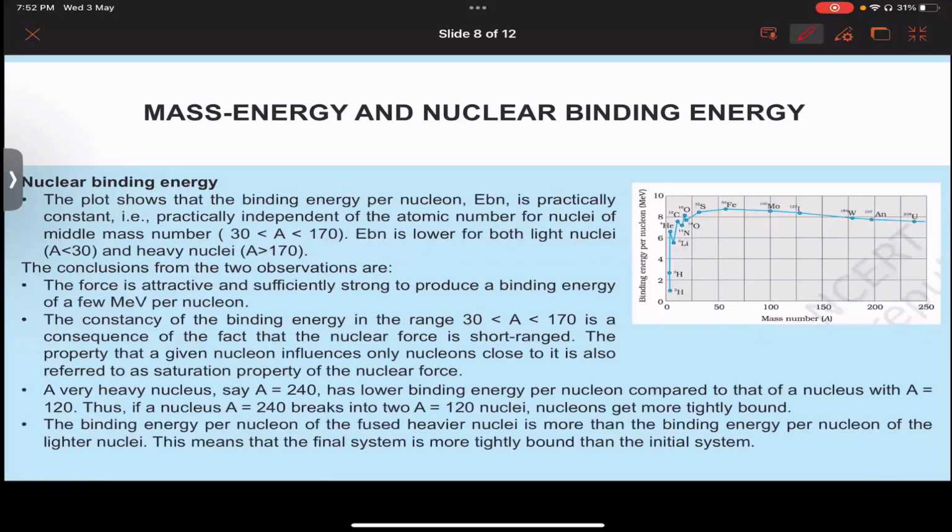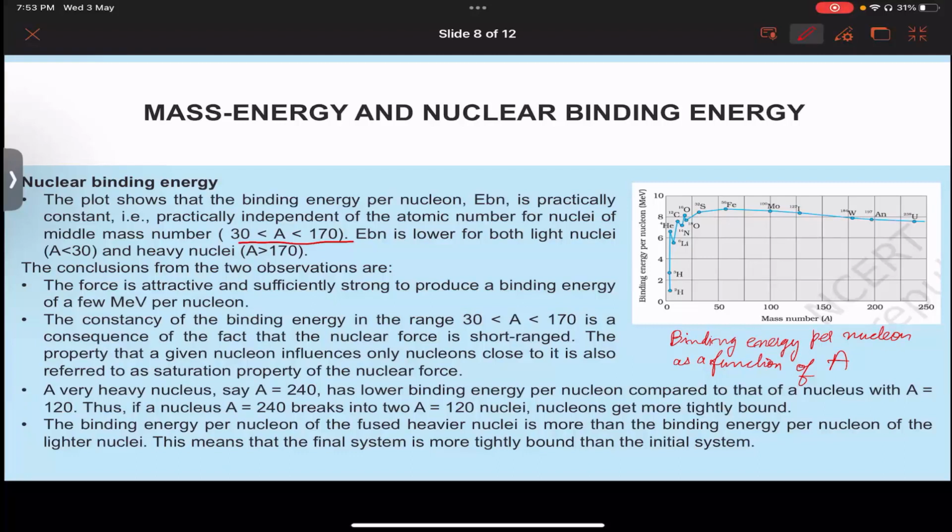With respect to that, this is the plot of binding energy per nucleon as a function of mass number, A. From this plot, we can see that the binding energy per nucleon is kind of constant for atomic mass numbers that range from 30 to 170.